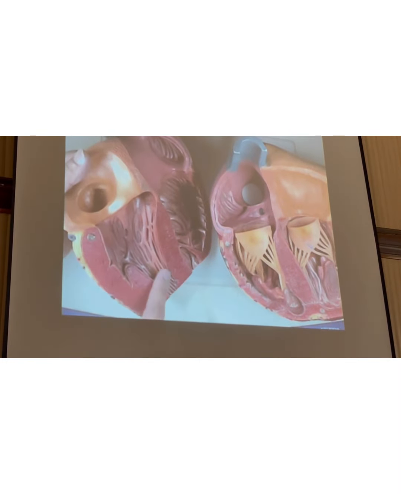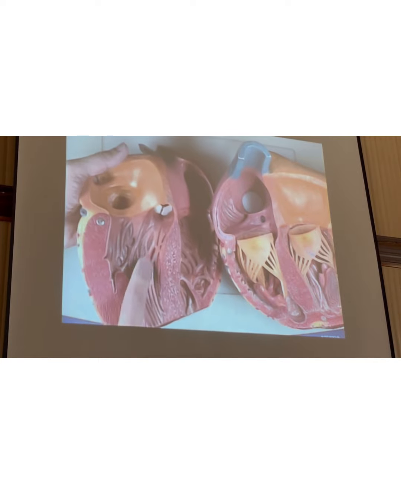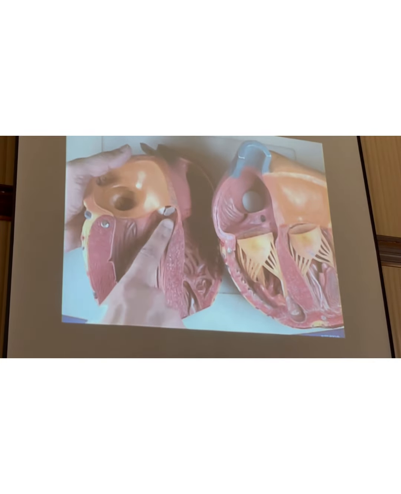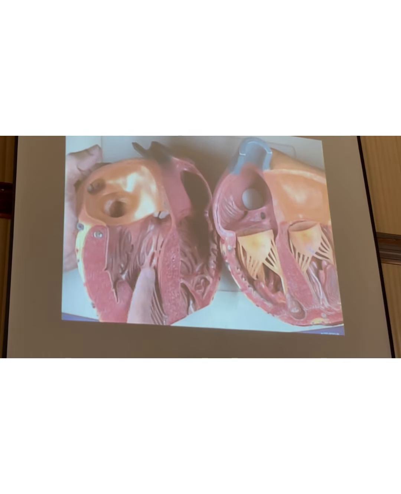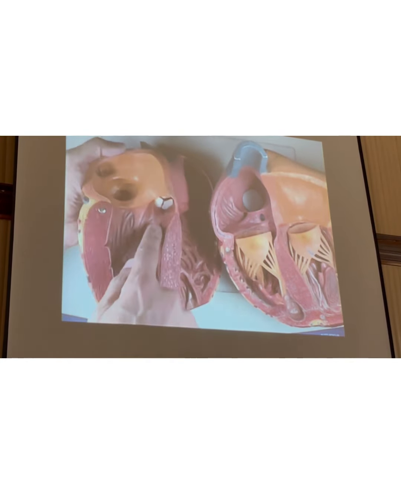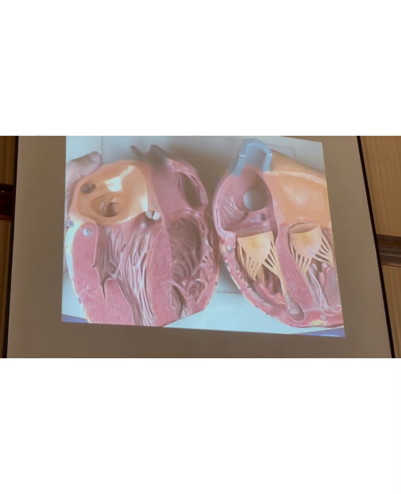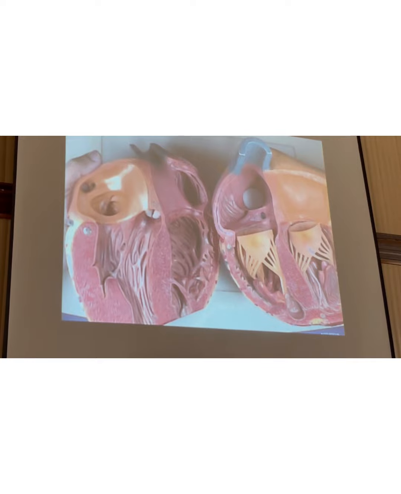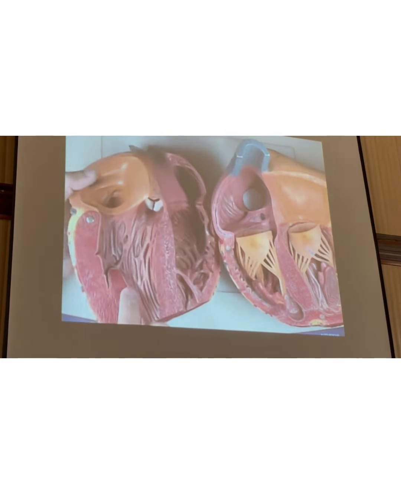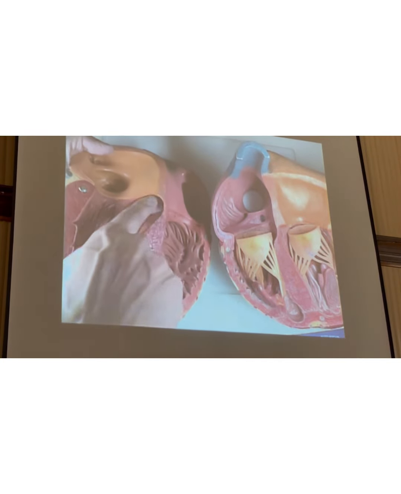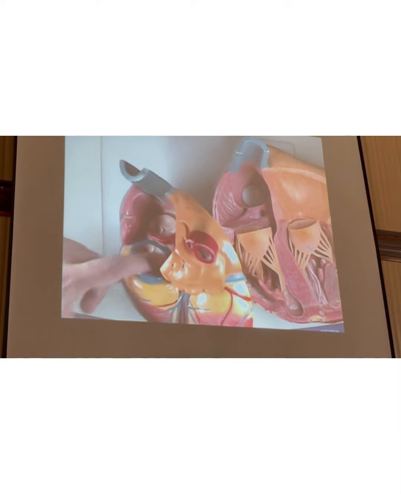If you see here, this is the wall of the left ventricle, these are trabeculae carneae. This constricted or narrow part of the left ventricular outlet is called the aortic vestibule. Aortic vestibule means the entrance to the aorta. So the aorta is guarded also by a semilunar valve, which resembles the pulmonary valve.